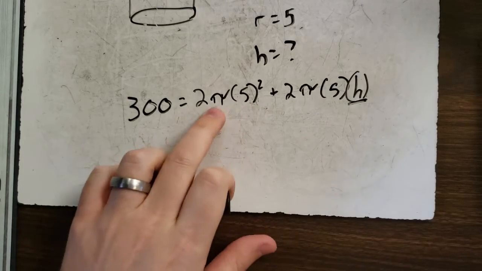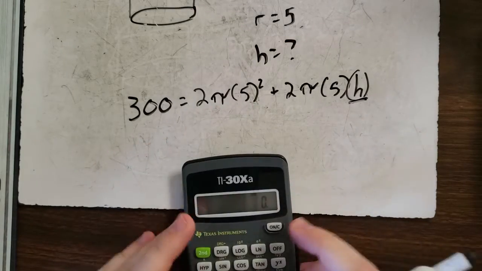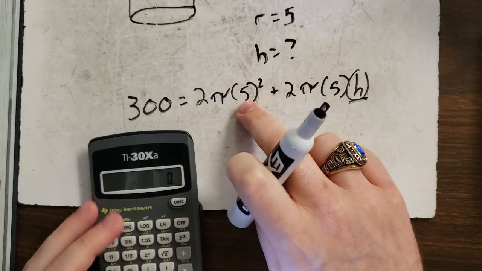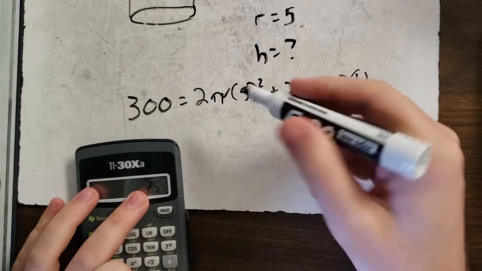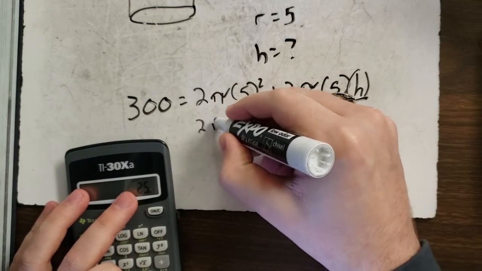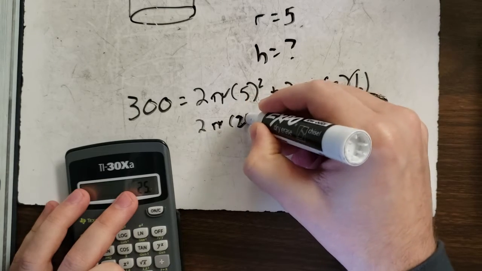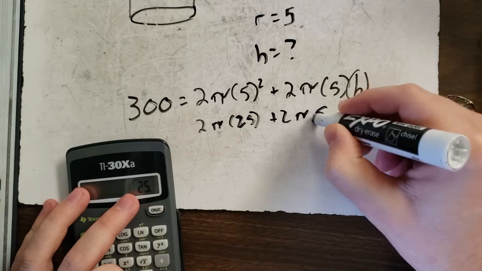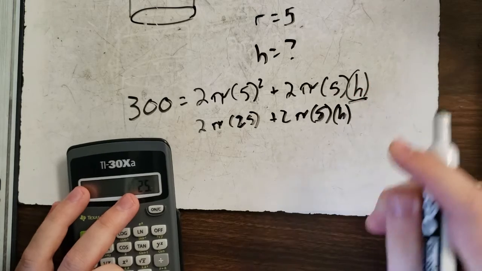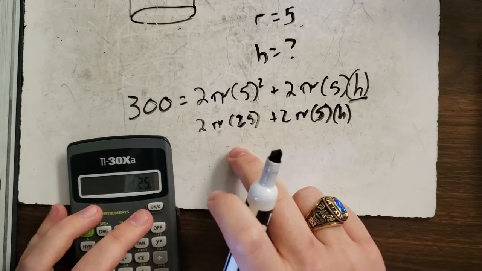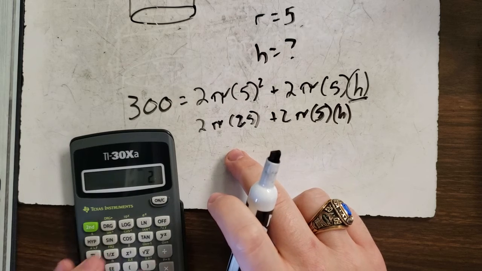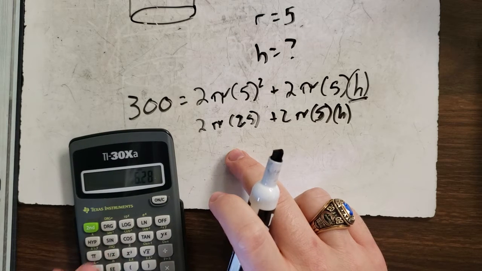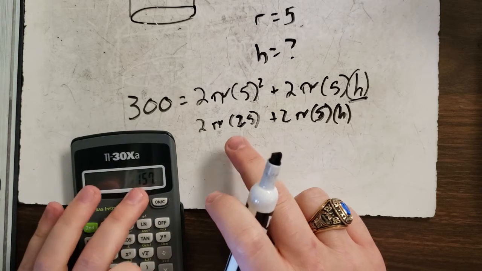2 times pi times 5 squared, okay? So remember, square your radius first. You have 5 squared is 25. So 2 pi 25, okay? So 2 times 3.14 times 25 equals 157.